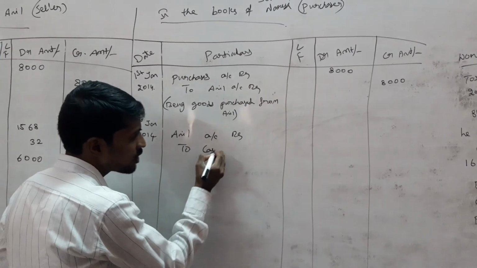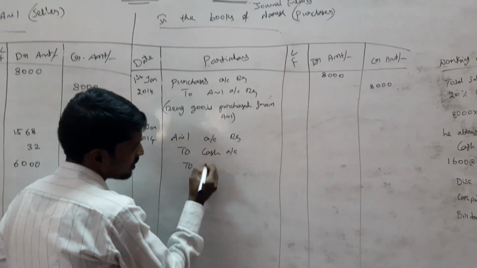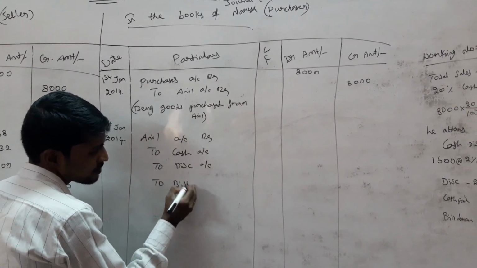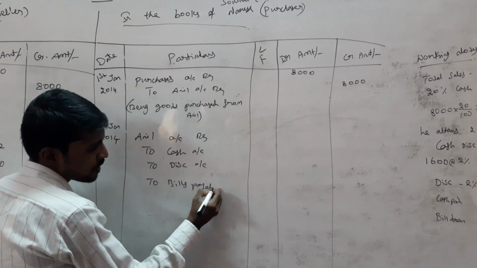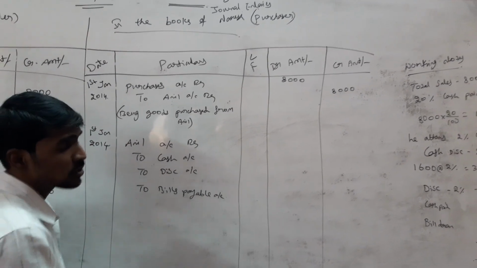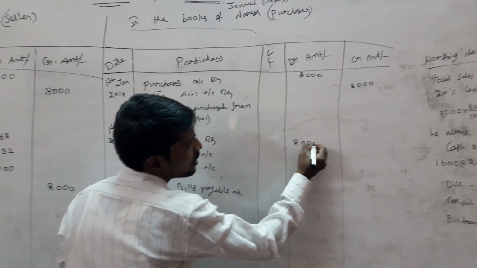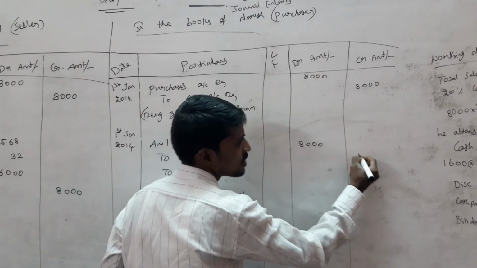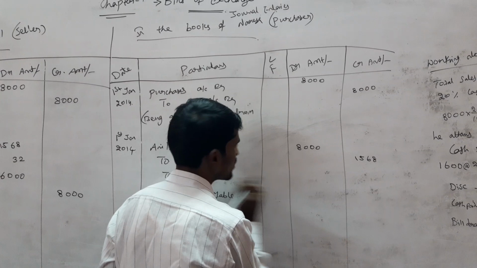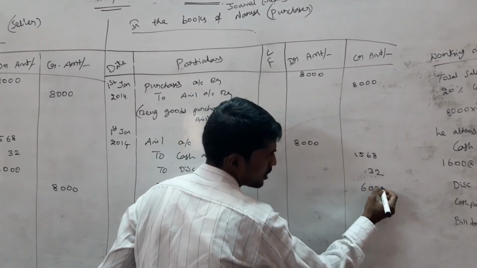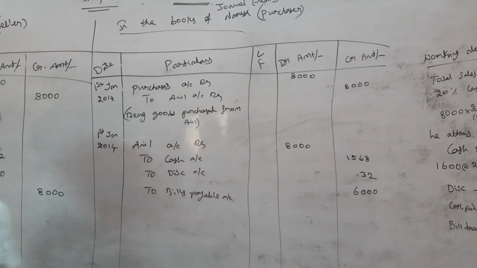He is paying the cash, getting the discount, and paying the bill. Bills payable account, because it's the bill, definitely bills payable. So to Anil, 8000 rupees. Under cash we are paying 1568, discount 32, and bill we are giving 6000.